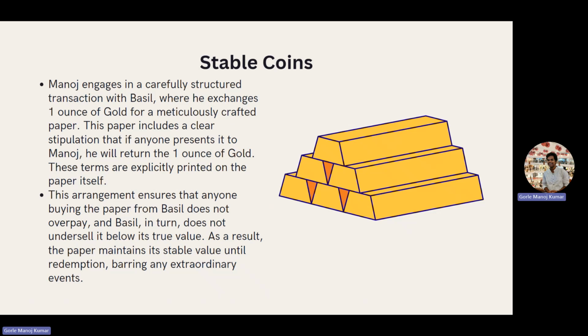That condition was written on the slip which I'm issuing. Basil took that slip, he gave me 1 ounce of gold, and Basil gave that slip to some other person, and the transactions kept on happening with the slip possessing the value of 1 ounce. You see, the simple thing, it was backed with 1 ounce of gold.